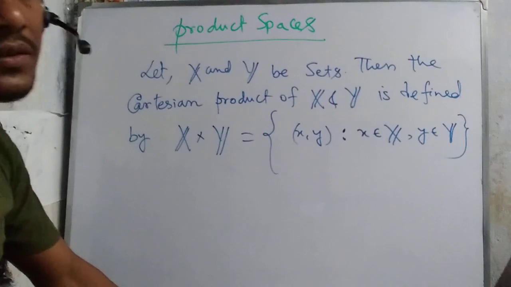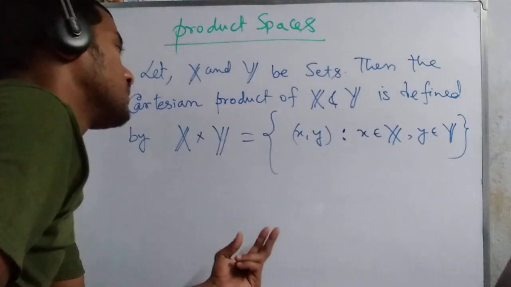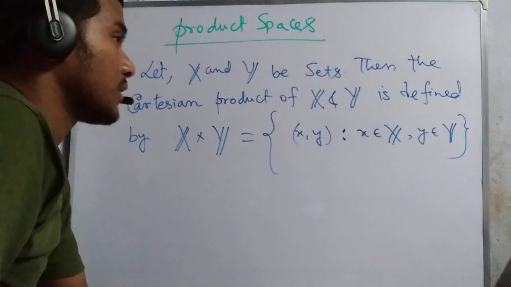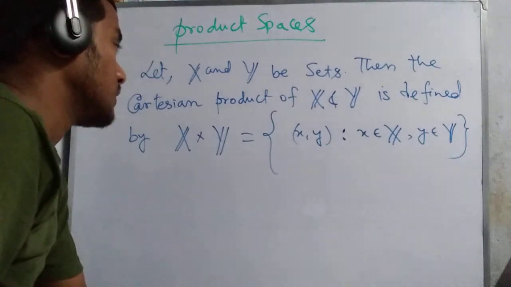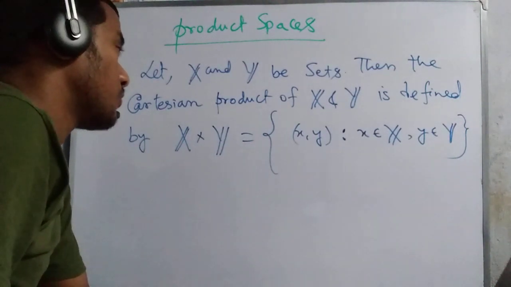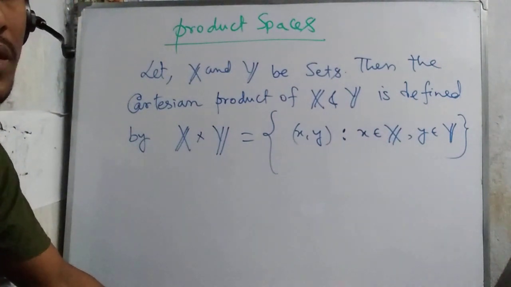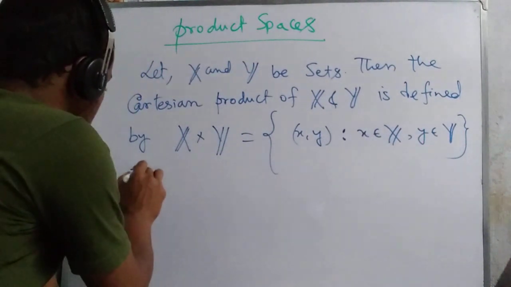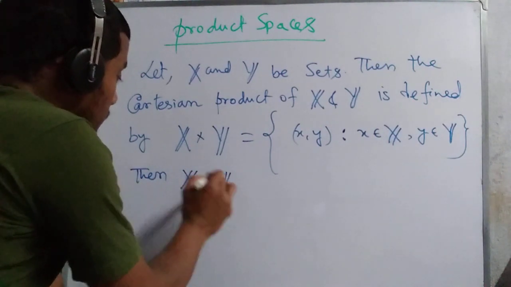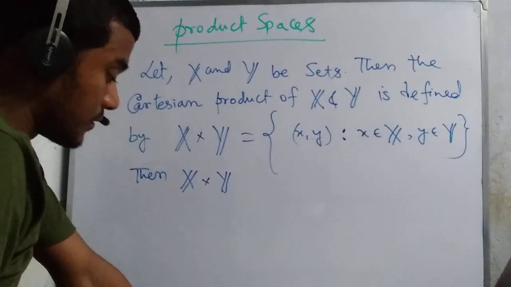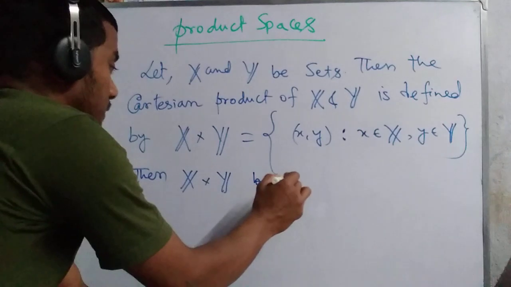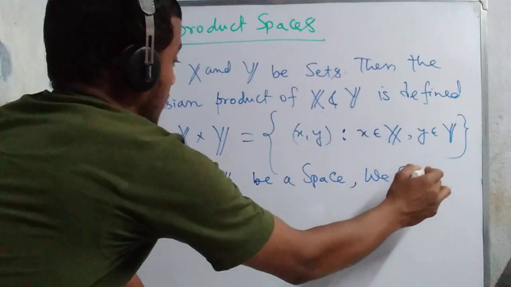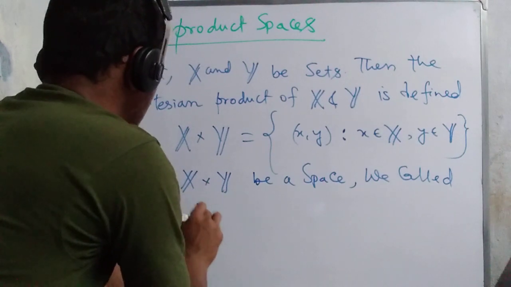So in this pair, or two-coordinate system, the first coordinate belongs to X and the second coordinate belongs to Y. In this way we define the Cartesian product of X and Y. Then this X Cartesian product Y is a space, and we call it a product space.